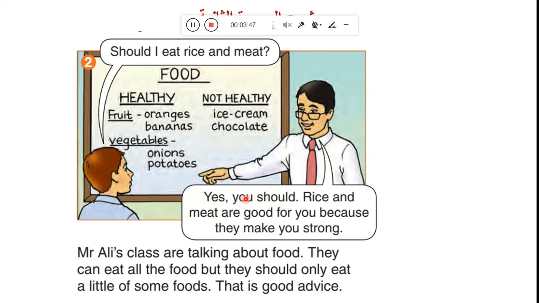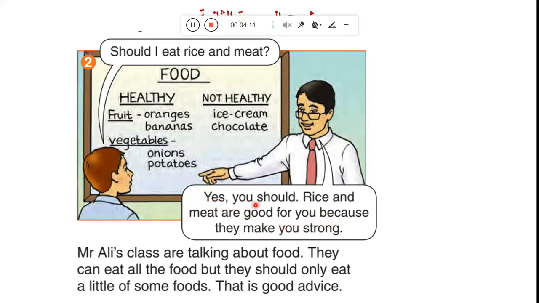Again, yes, you should. Then you should eat rice and meat. Rice and meat are good for you. Why? Because they make you strong.